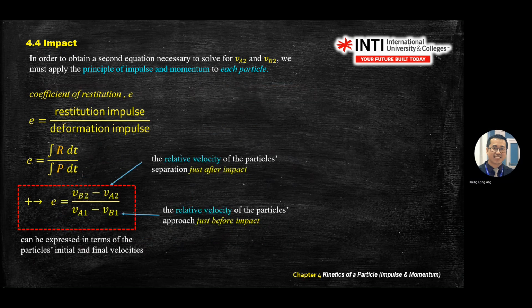So v_B2 minus v_A2 is also relative velocity. When it comes to the final exam, you are no longer given velocity, but you will be given relative velocity. You still remember I write v_A/B, velocity of A relative to B?